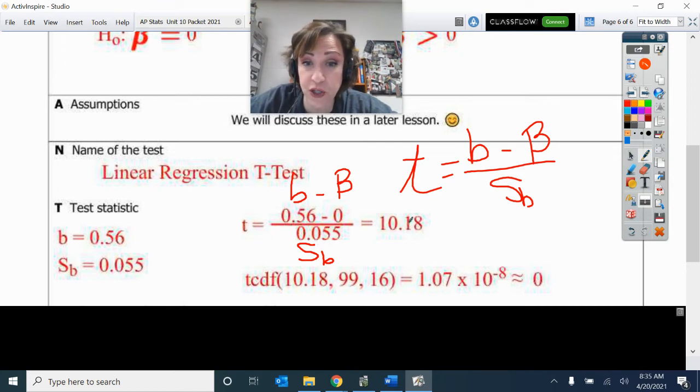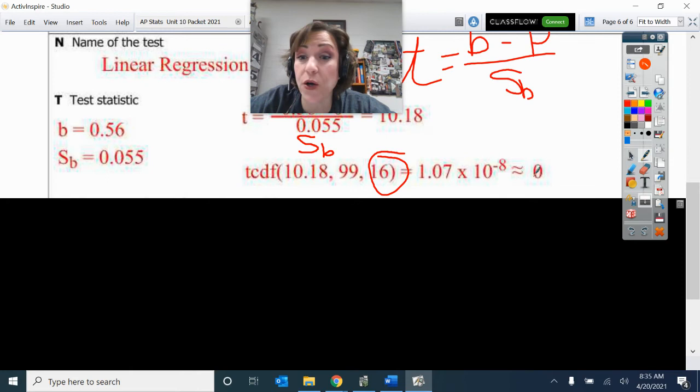I filled in those numbers and got a huge t-score. To get the p-value, I'm using tcdf up to 99 with 16 degrees of freedom. That's why the sample size mattered. I had to go back and fix that. So our p-value is basically 0.